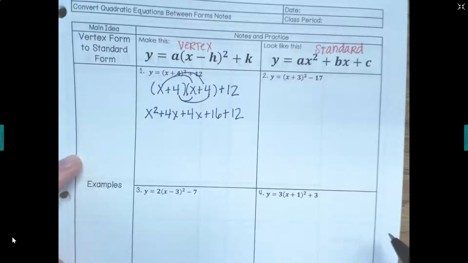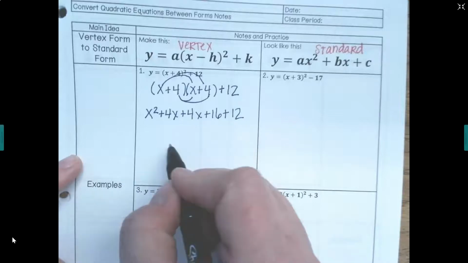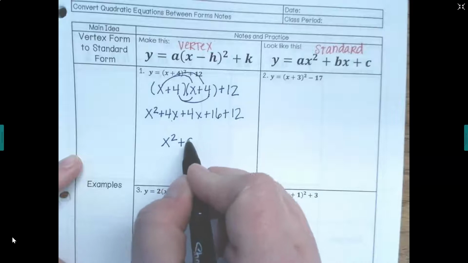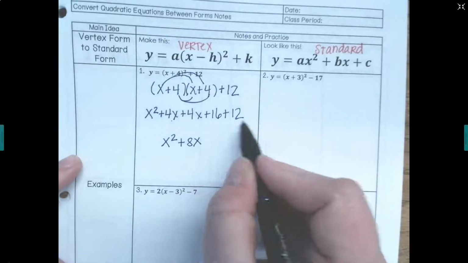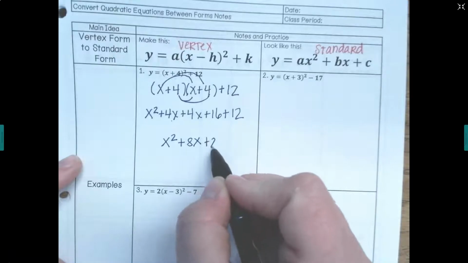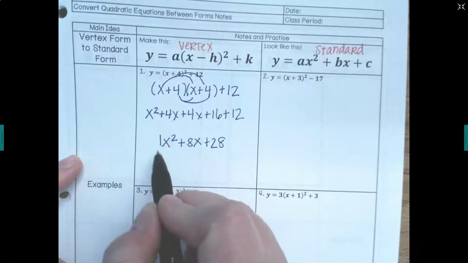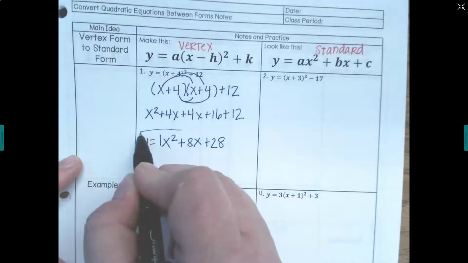So we're going to go through and look for like terms. X squared, there are no other x squareds. 4x and 4x is 8x. And 16 plus 12 is 28. I have, remember there's really a 1 there, ax squared plus bx plus c. That is my final answer.